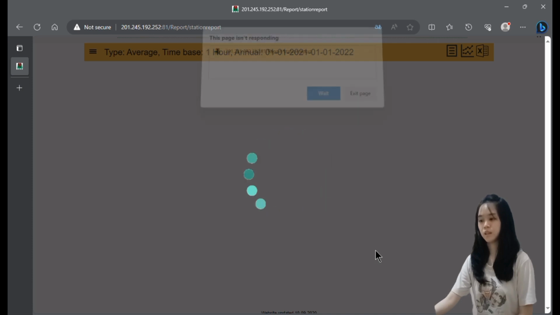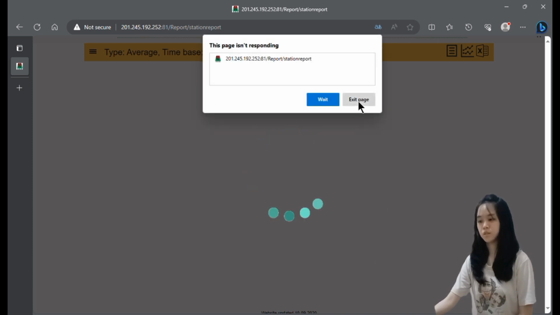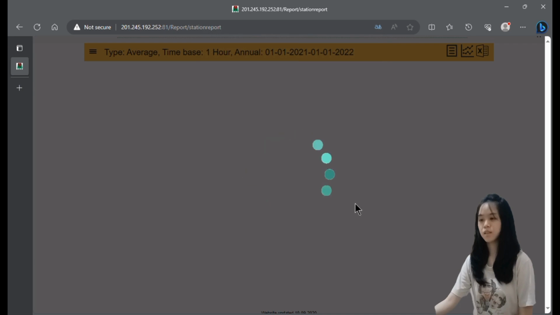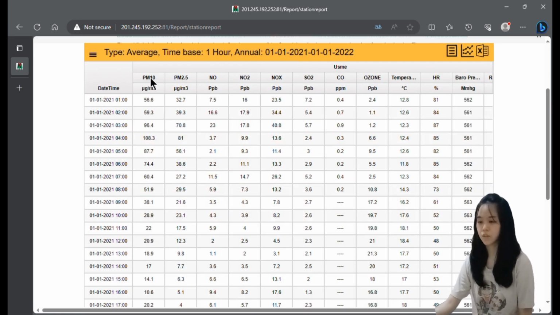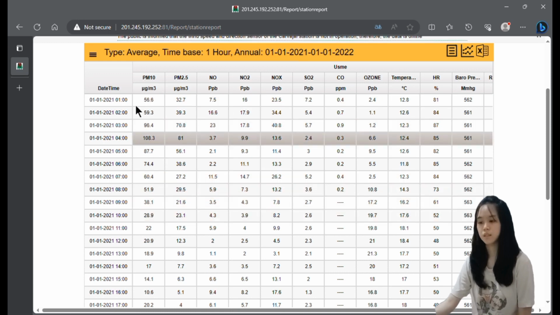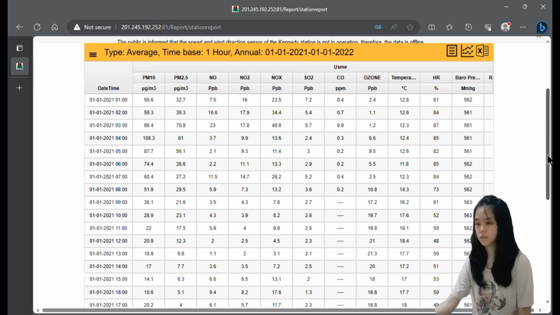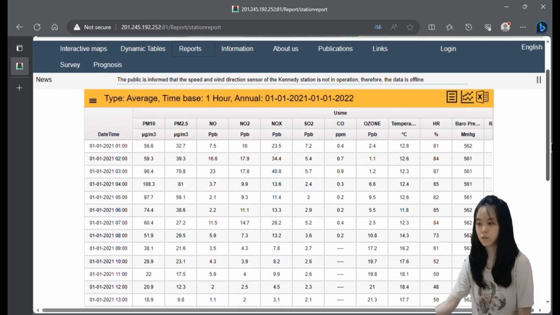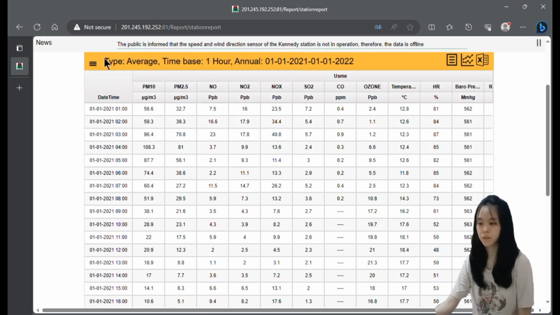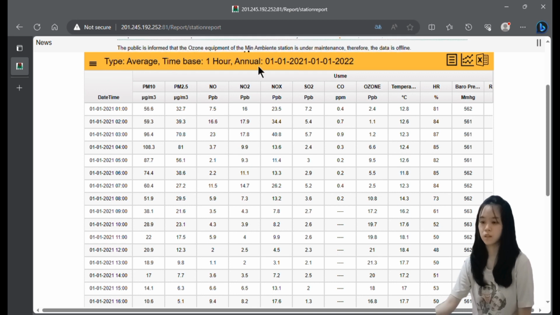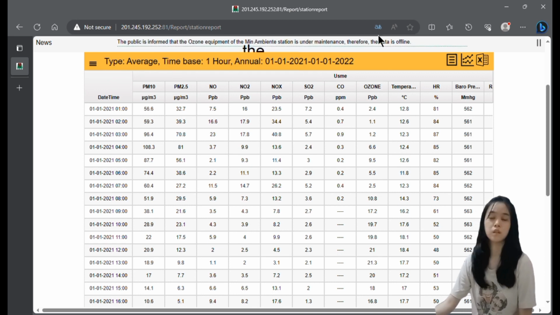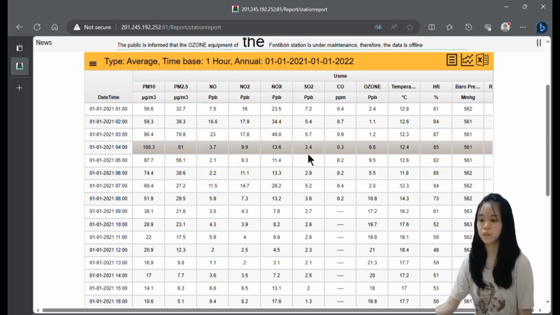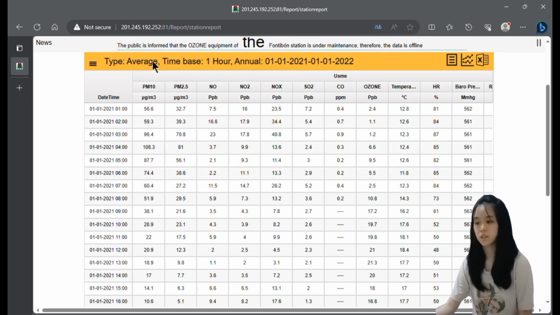So the data that you're seeing right now is what you will see in the Excel page as well. Including this type, average, in Spanish though, the data set will be available in Spanish.